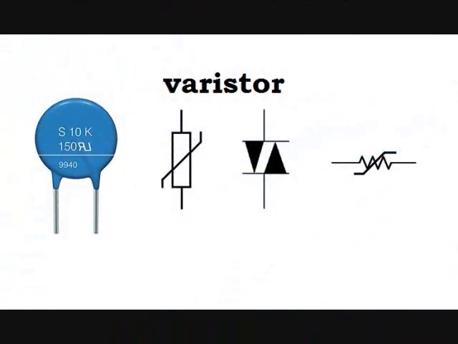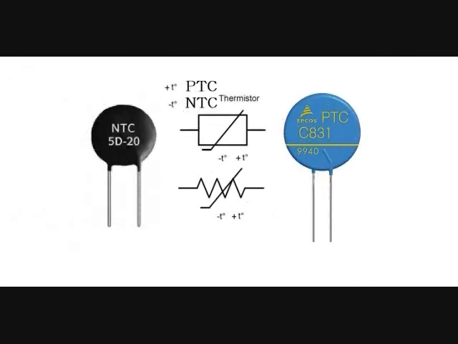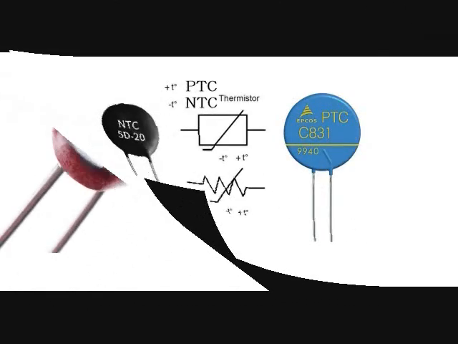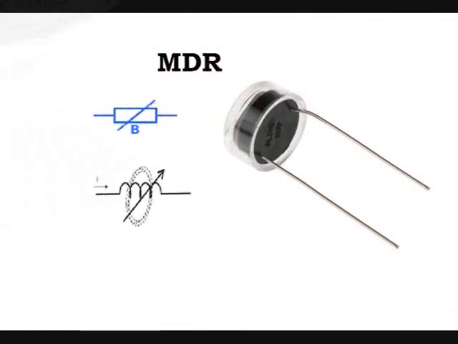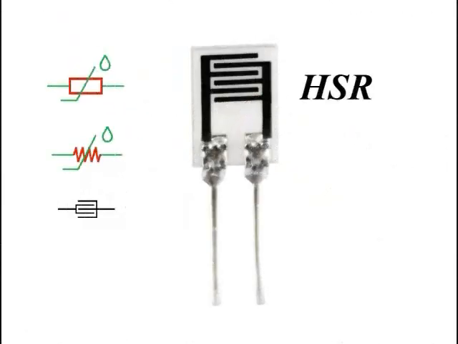One, voltage dependent resistance, VDR. Two, thermal resistance, thermistor. Three, light dependent resistance, LDR. Four, magnetic field dependent resistance, MDR. Five, humidity sensitive resistor.